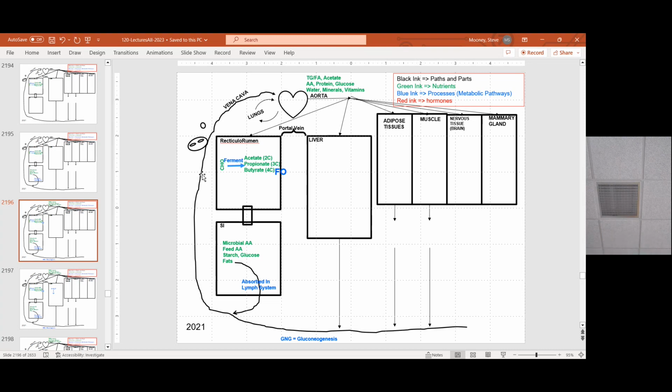And then we have, as we said before, GNG equals gluconeogenesis. So that's written at the bottom there.